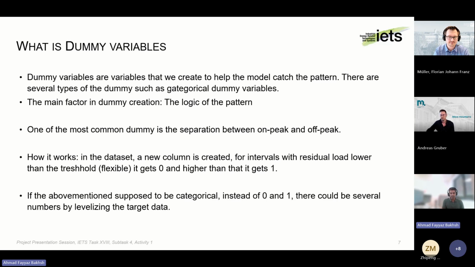This is better for most studies, because for example, if the peak is 150 kilowatts and the threshold is 100, we separate 100 to 150 as on-peak and the rest as off-peak. It means values like minus 50, 0 and 70 just below the threshold are all counted as 0, the same. But categorical dummy variables can get rid of this.